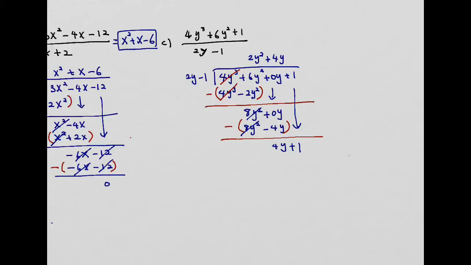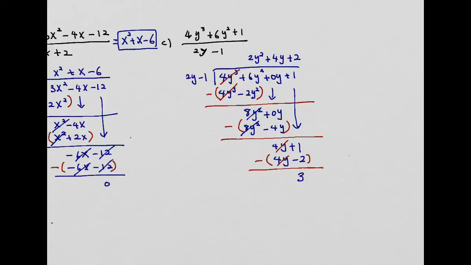That will be positive 2. So multiply positive 2 into 2y minus 1. You get 4y minus 2. And when we subtract that, those 2 cancel out. And you get 1 subtract negative 2. That will be 1 plus 2. That's 3.